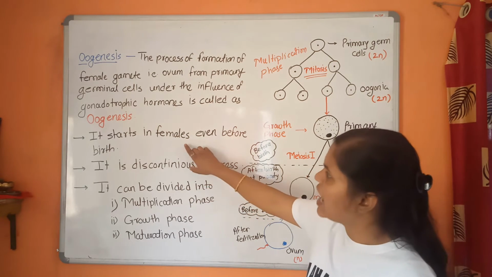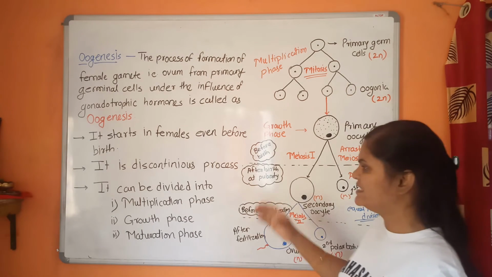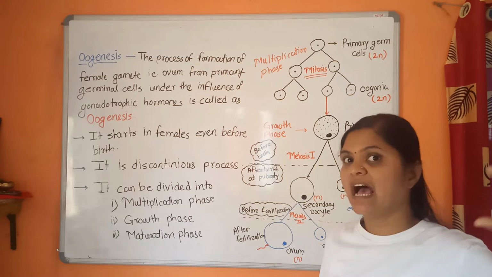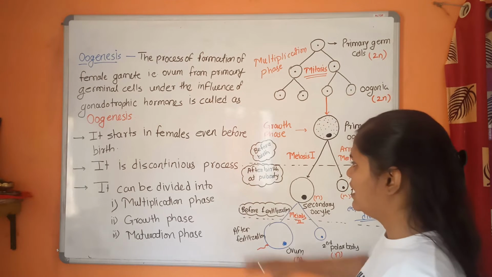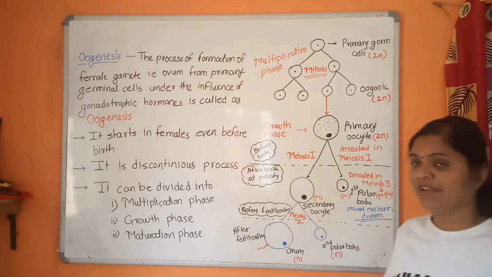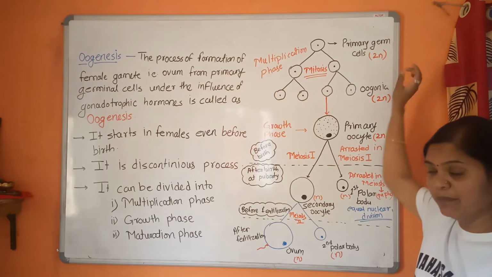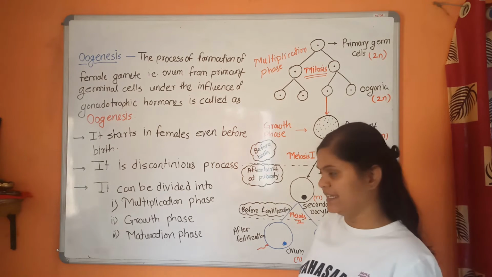Some process takes place before birth and some after birth. It is divided into 3 phases. First is the multiplication phase, in which these diploid germ cells divide mitotically and their number increases.